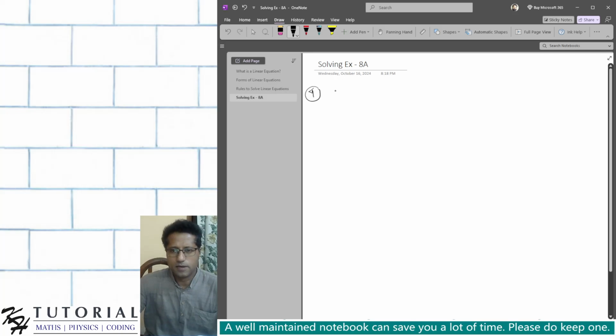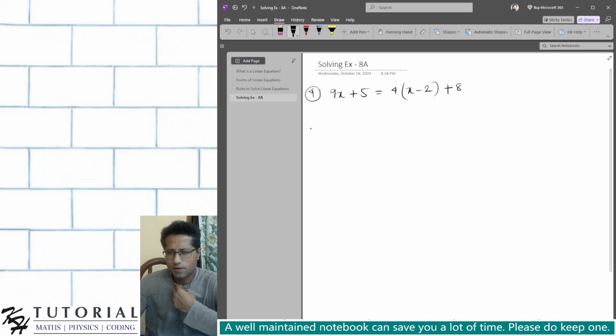It is 9x plus 5 is equal to 4 into x minus 2 plus 8. So this is a simple form of linear equation where both the sides have the variables.